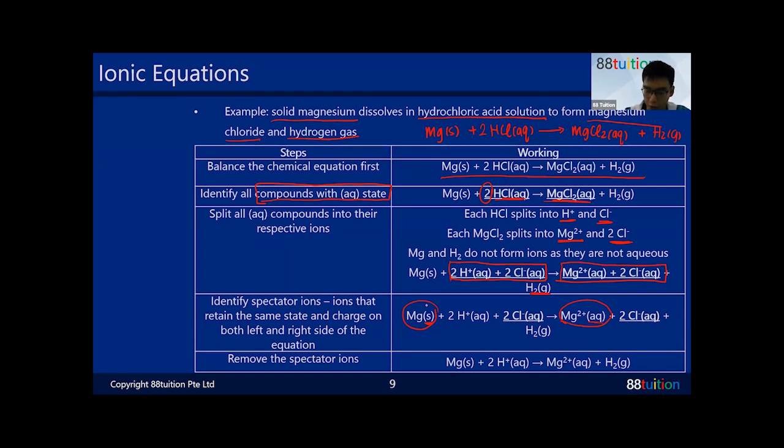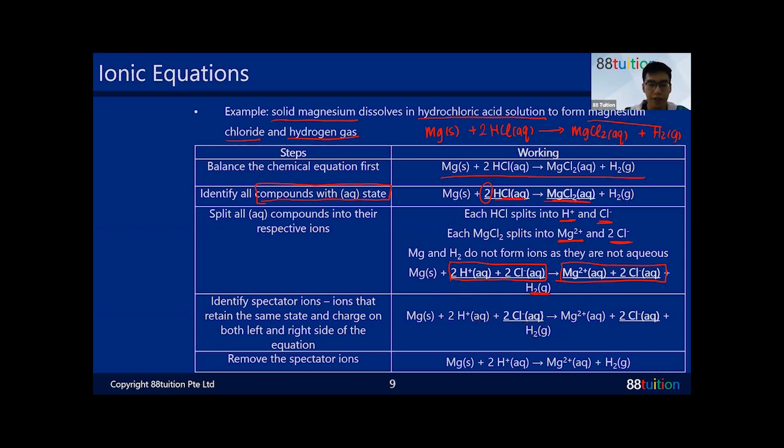Anything with a change, I will keep in the reaction. Next, H+. It started off as 2H+ aqueous, and after that it became H2 gas. There is a change from aqueous to gas, and 2H+ became H2. So there is a chemical change, and I want to keep it in.